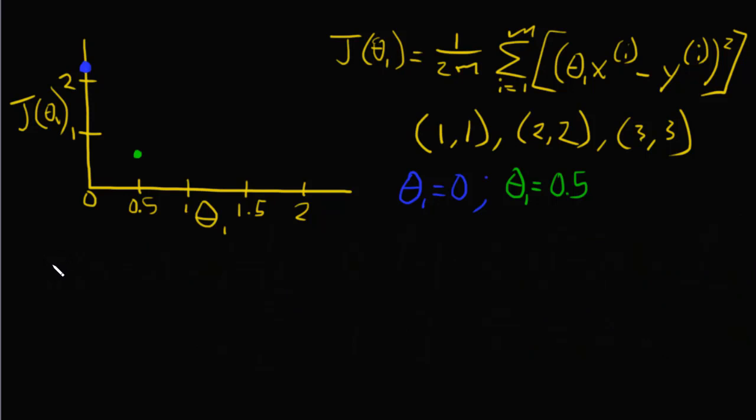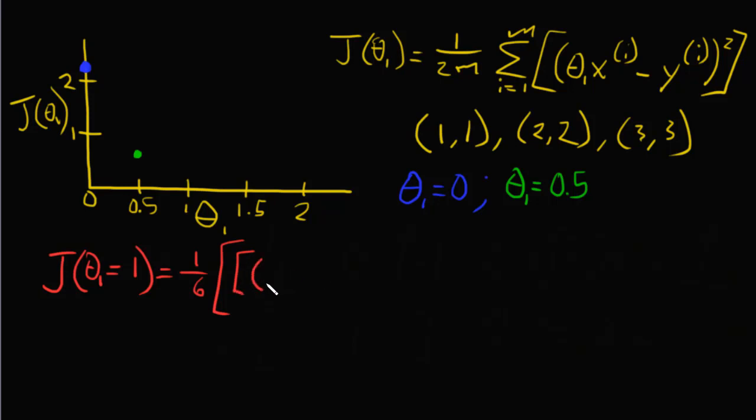Okay, now let's look at when theta 1, our slope, is equal to 1. So J of theta 1 equals 1 over 6 times the bracket.